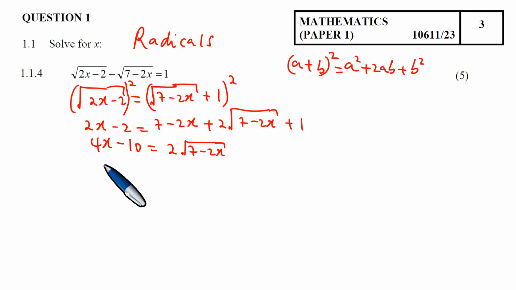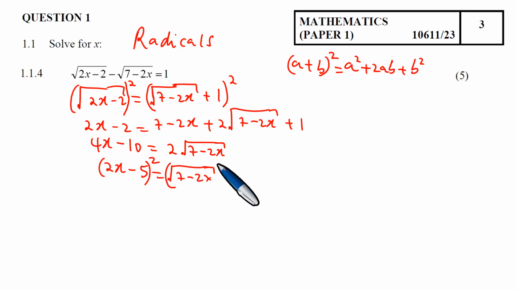You then proceed to divide through by 2. Dividing 4 by 2 becomes 2, and dividing 10 by 2 becomes 5, and this equals the square root of 7 minus 2x. Now what do we do at this point? We proceed to square both sides of the equation.